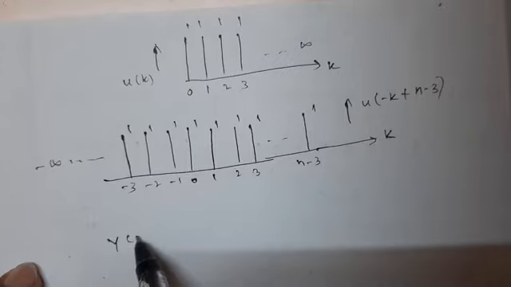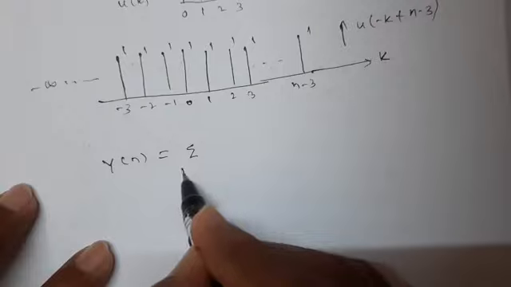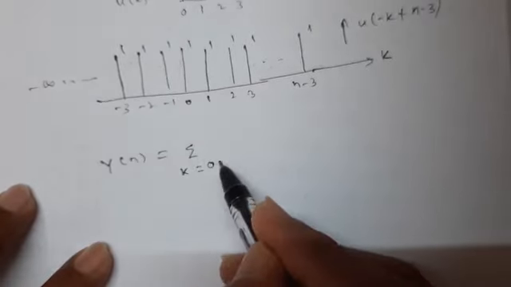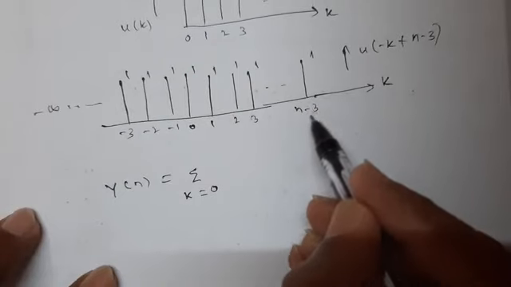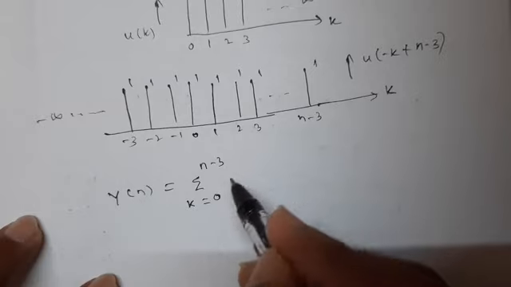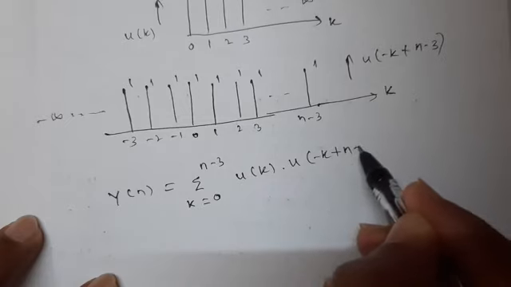So I can write this as y of n equal to summation k equal to 0 and till what? Till n minus 3. Summation k equal to 0 to n minus 3 u of k into u of minus k plus n minus 3.